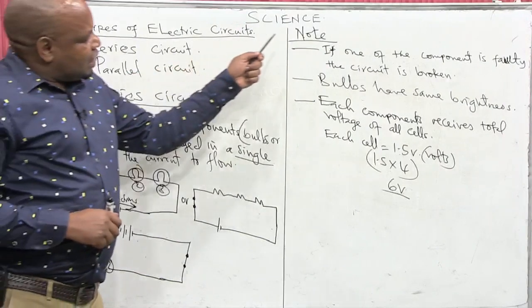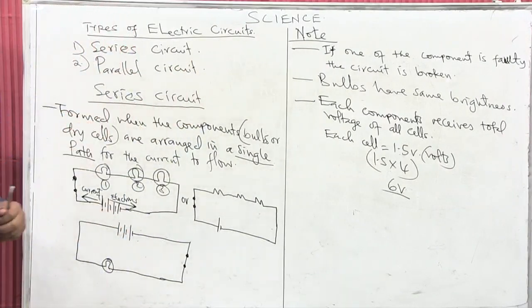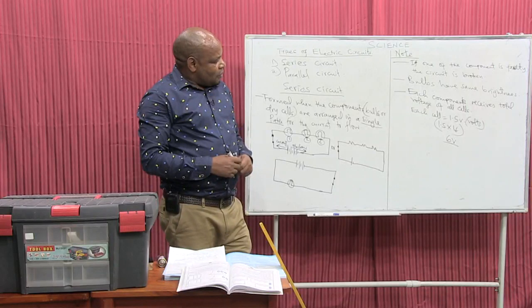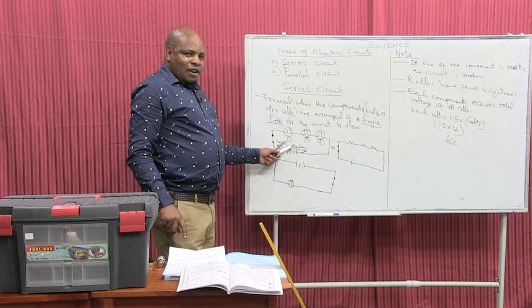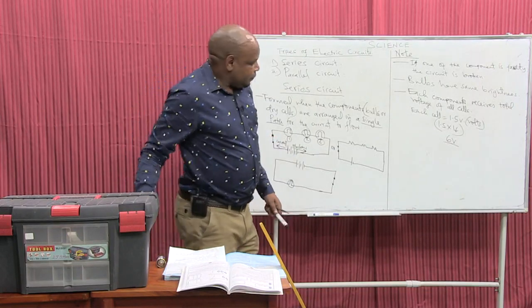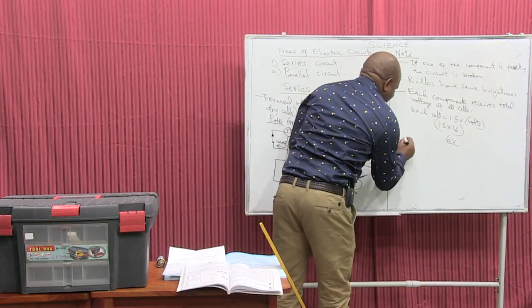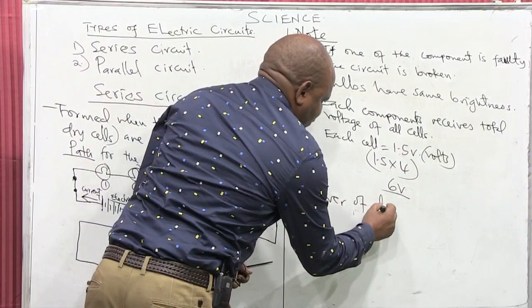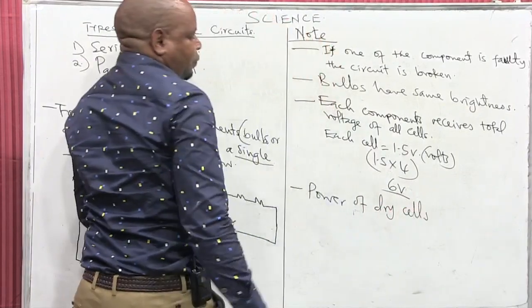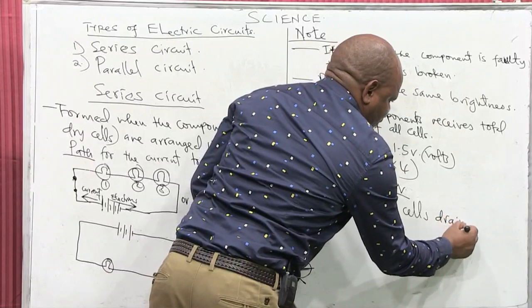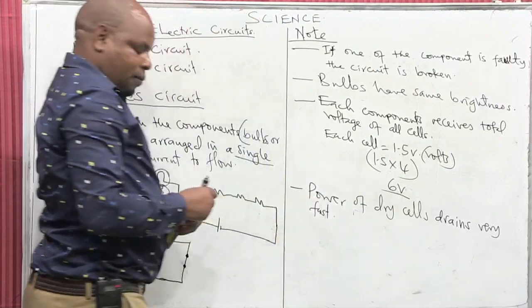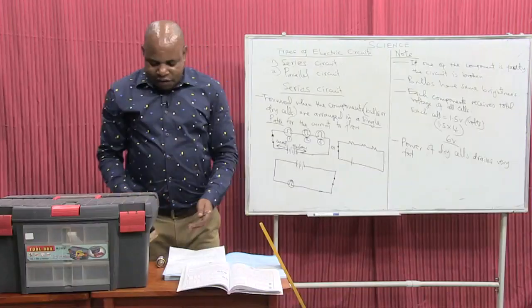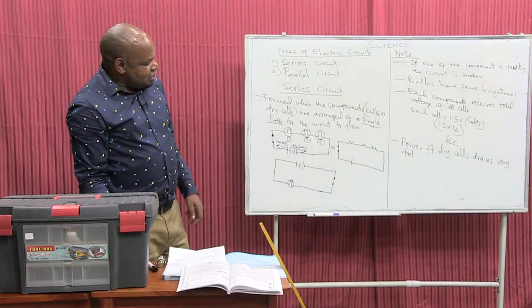Another thing you are supposed to note here in a series circuit is that the power of the dry cells drains very fast.